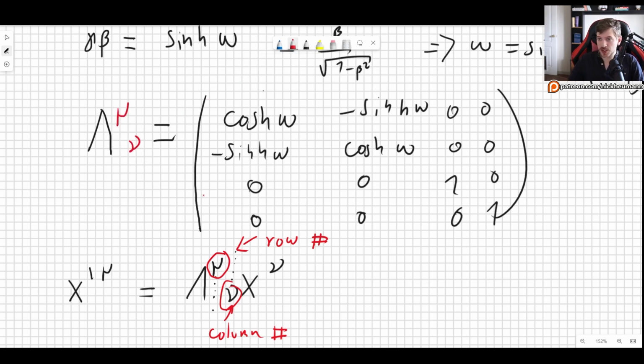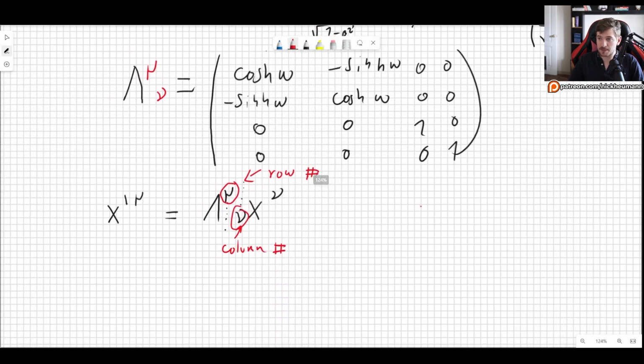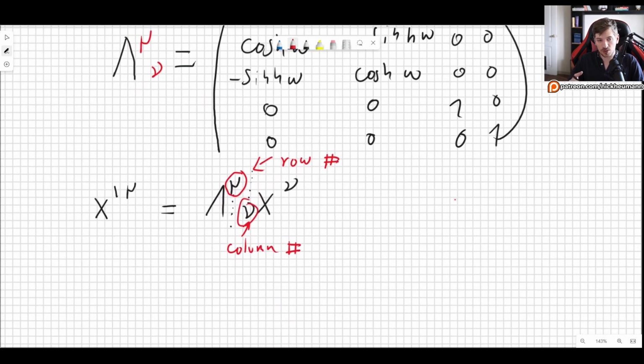Okay, so the question would be, what about lambda mu nu, or nu mu if you want to do it the other way around? What if we put the first index down here and one up there? That's a very reasonable question. Here we need to lower the mu and raise the nu, and we do it by applying the metric.